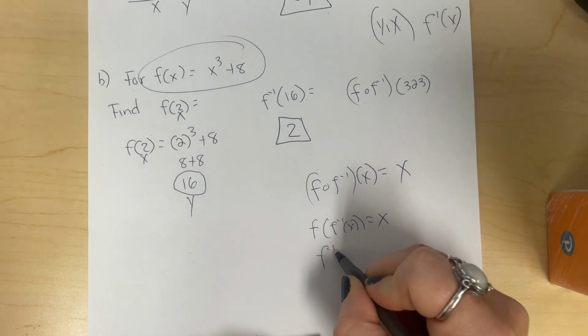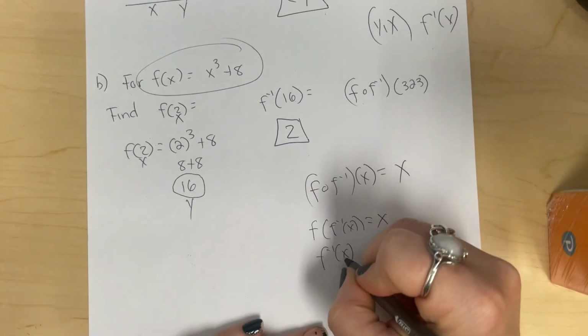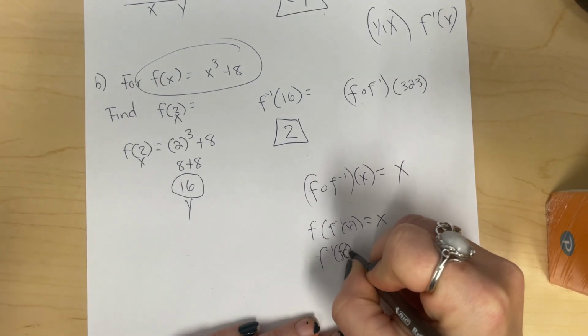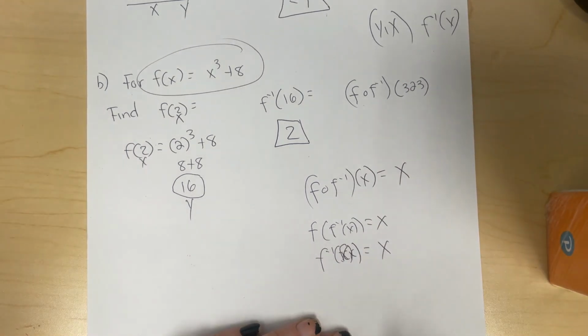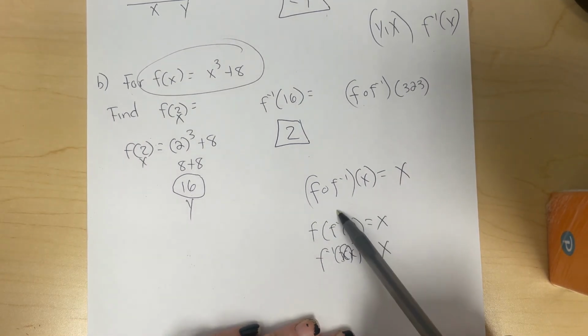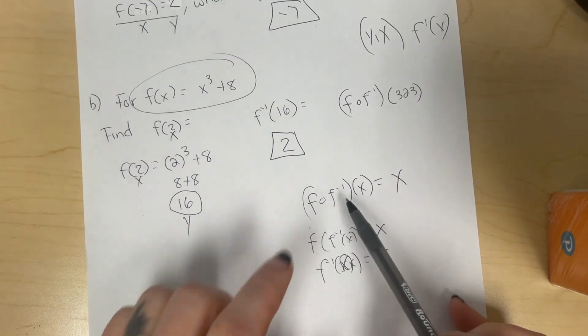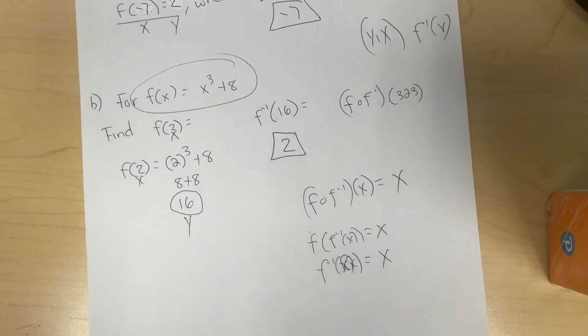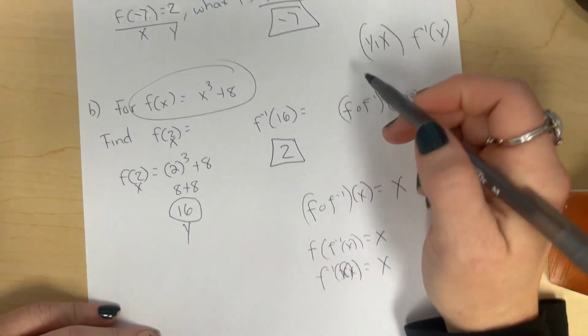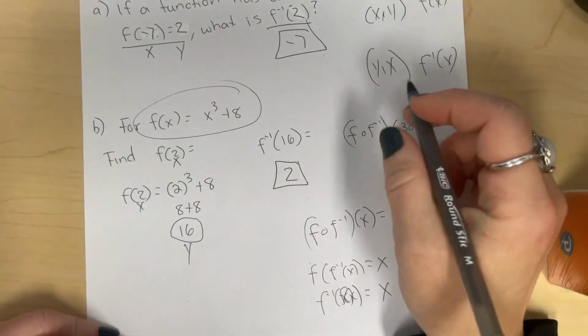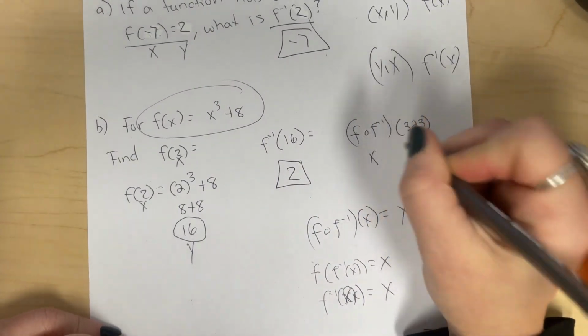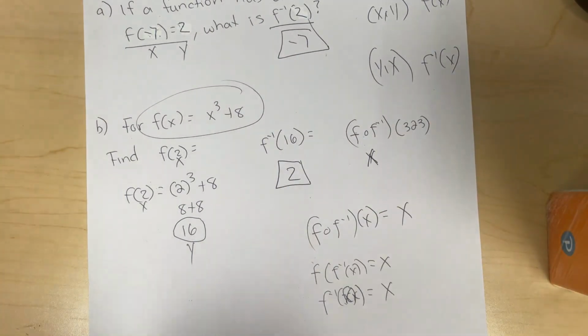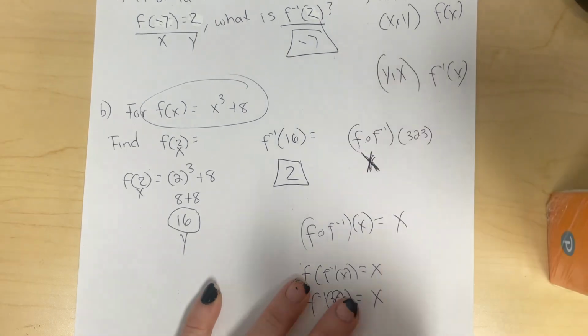If we have f inverse and we plug in f of x, it's still going to give us an x. If we do a composition back and forth between these two, we should get an x as long as these are inverses of each other. What that's telling us is that f composition f inverse is just going to equal x. That is the definition. That is what you get.